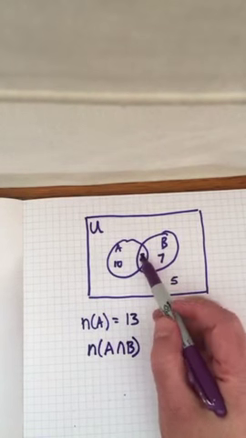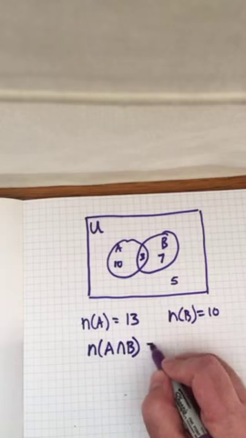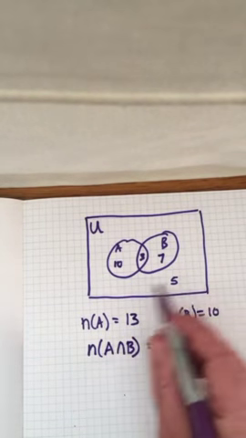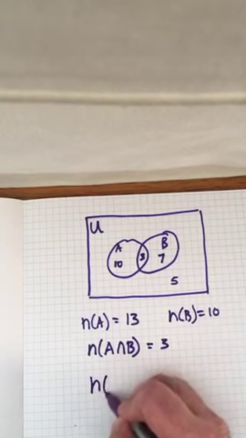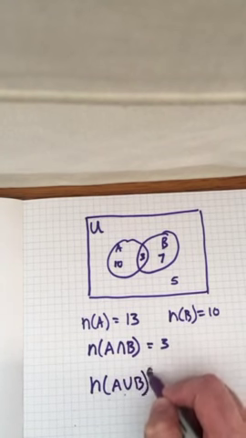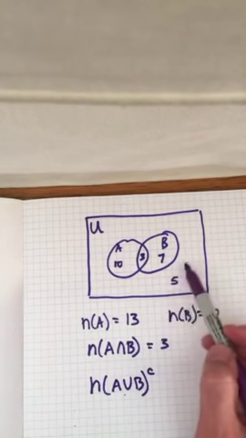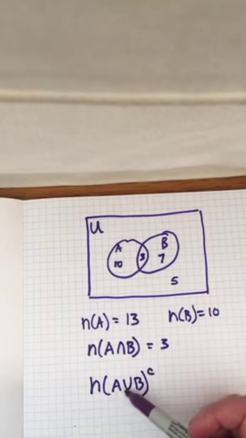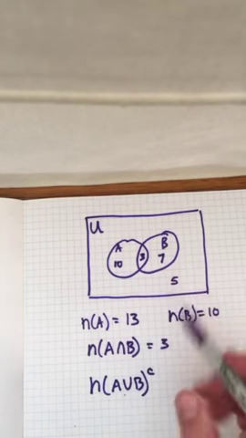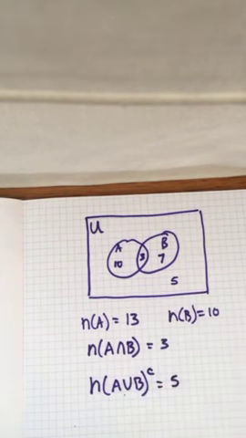That is common to both of them, I should say. That would be 3 elements. And another thing I might write from this setup here is that the number of elements in A union B complement, that would mean everything that is not in A or B, here's A or B, everything that's not in there would be equal to 5 elements.